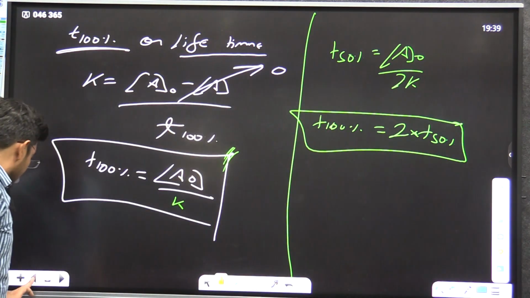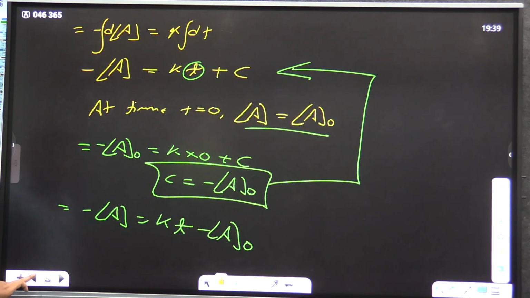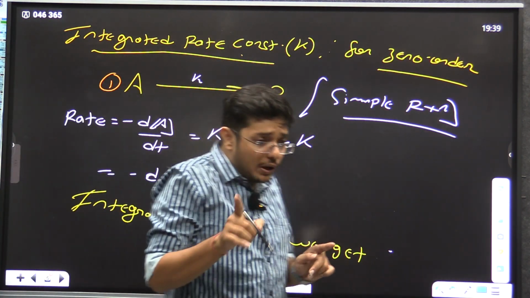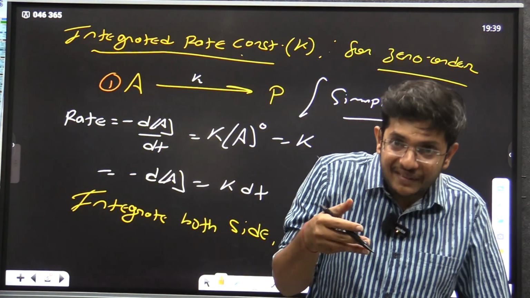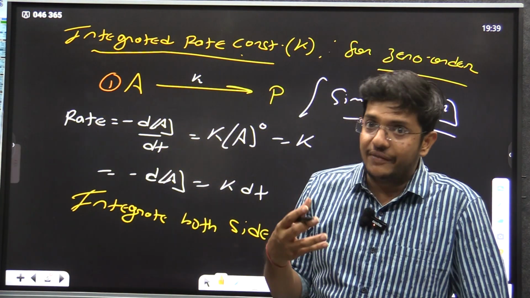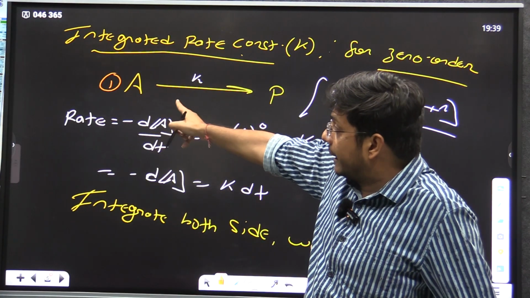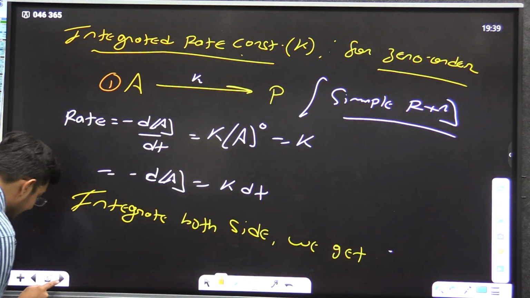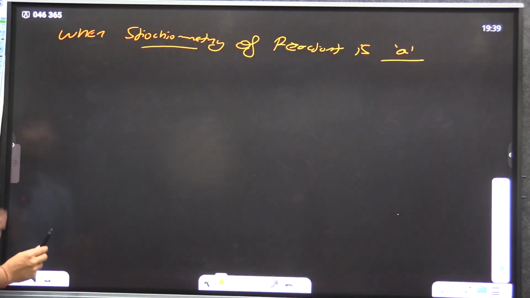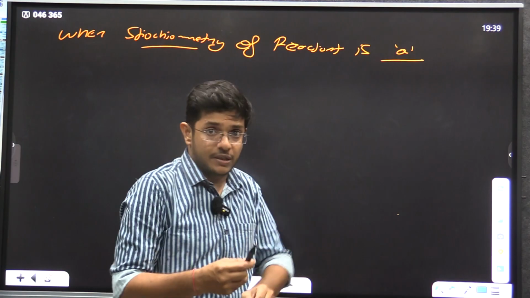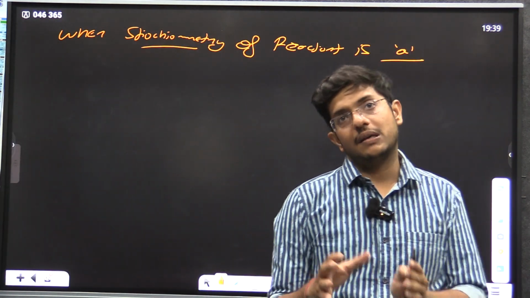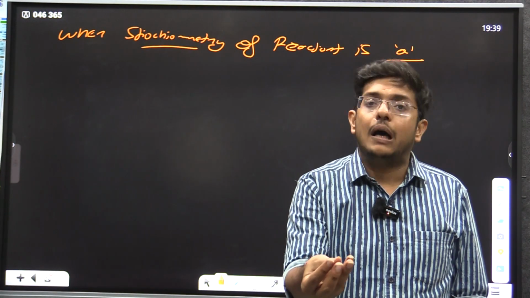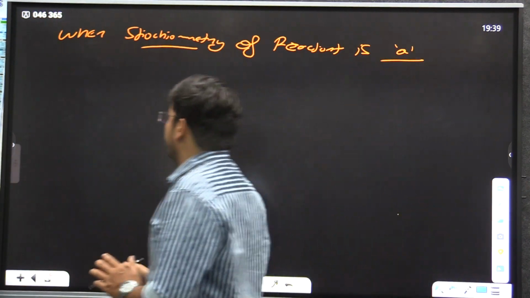Sir, before this I have taken the stoichiometry of the reactant to be 1. The whole derivation is derived assuming the initial stoichiometry of the reactant to be 1. Now I am saying, let's suppose the stoichiometry of the reactant is changed, then the question is, sir, will the half life or the rate constant value change? Answer is yes, no doubt it will change.